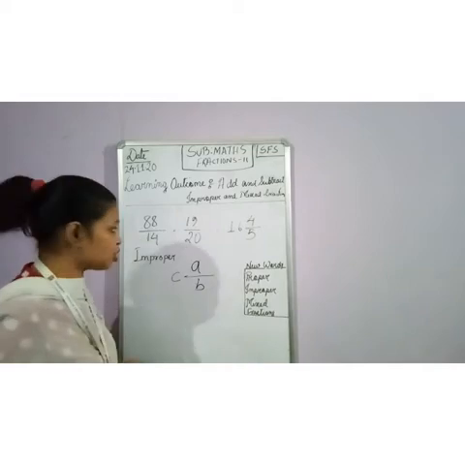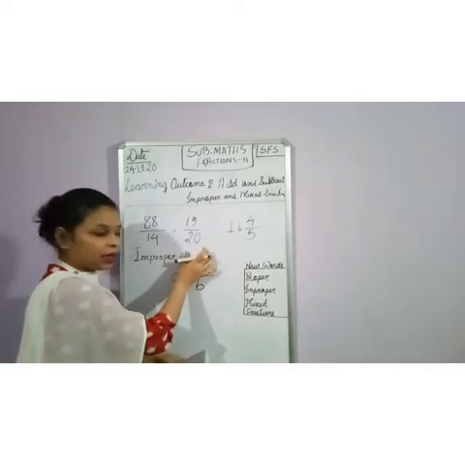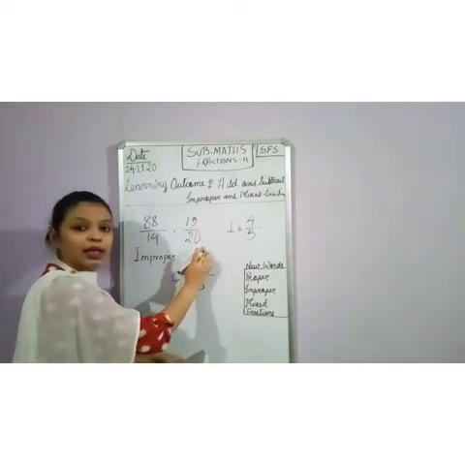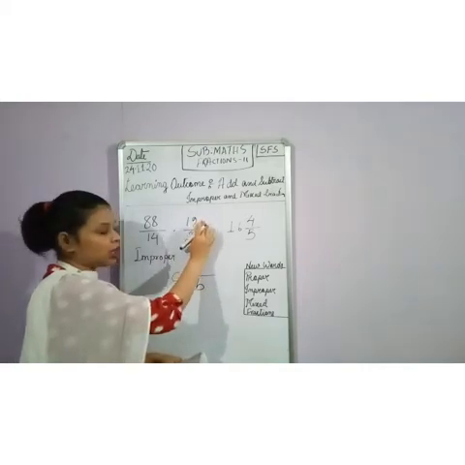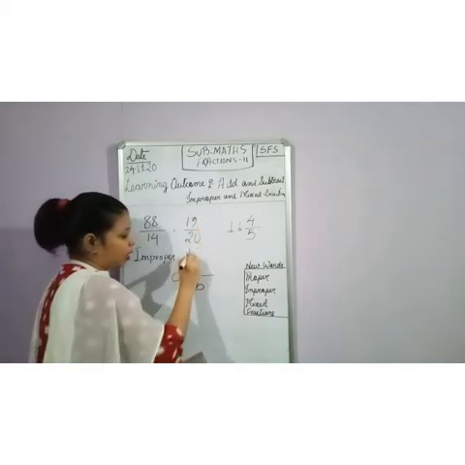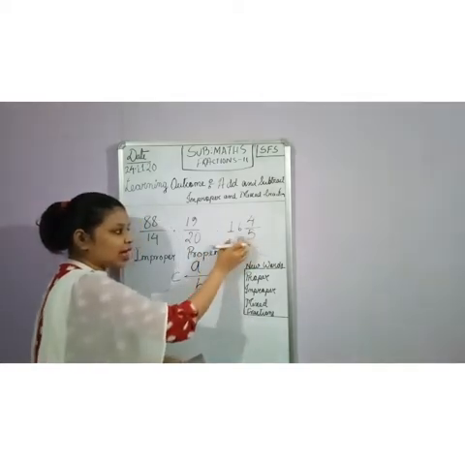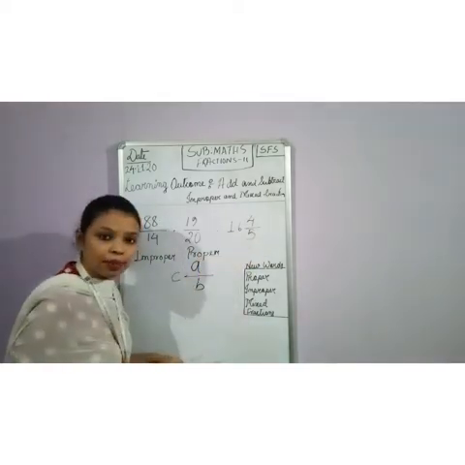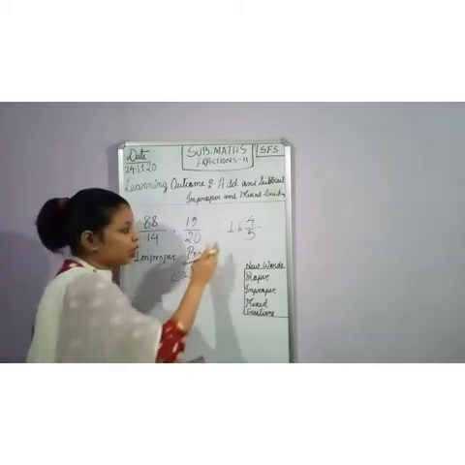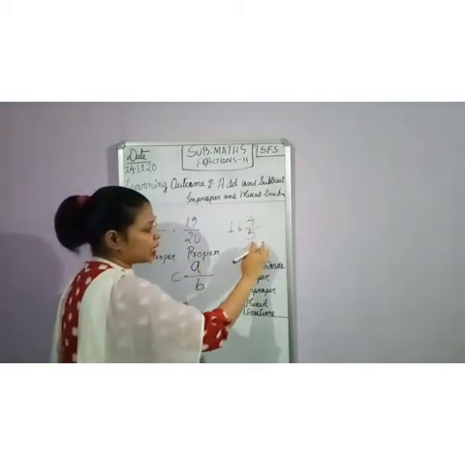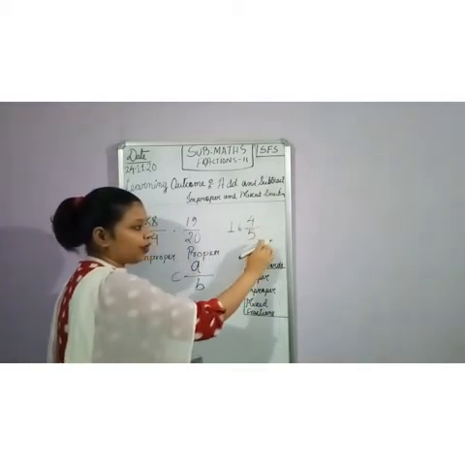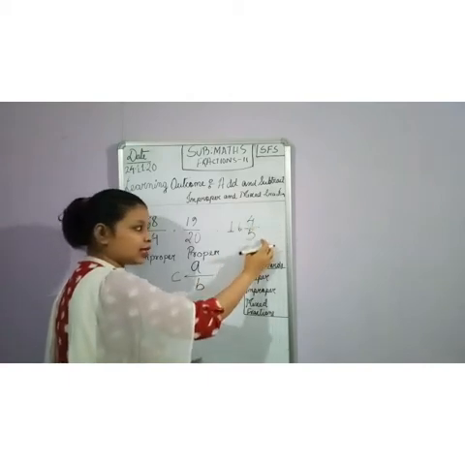Here I have taken another fraction, 19 by 20. This numerator is smaller and this denominator is bigger, that means it is a proper fraction. And at the last I have taken 16, a whole number, and along with 16 there is 4 by 5, where the numerator is smaller and the denominator is bigger.